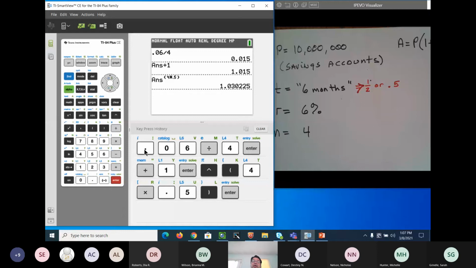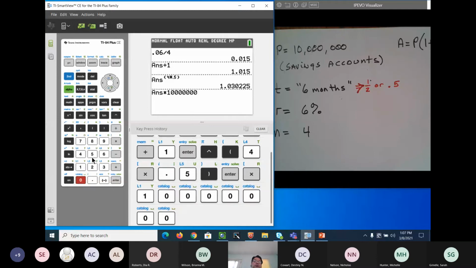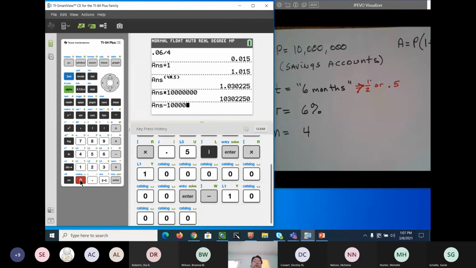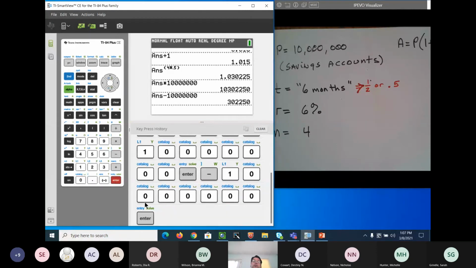And I'm going to multiply that by 10 million. So after 6 months, how much do you have in the bank? Well, let's see. Subtract 10 million. You got over $300,000 in the bank.